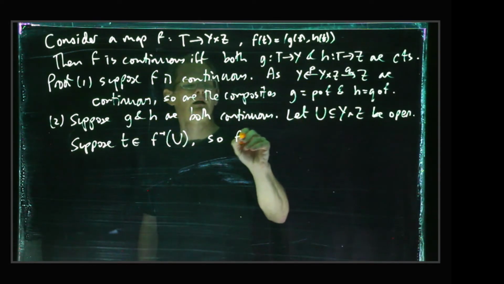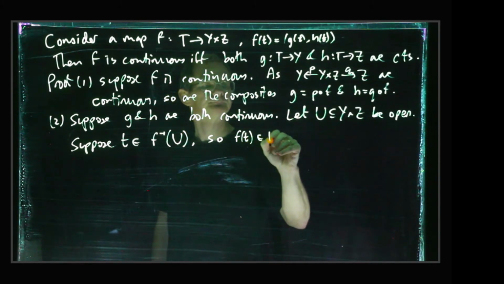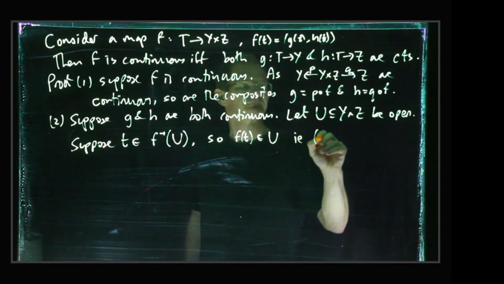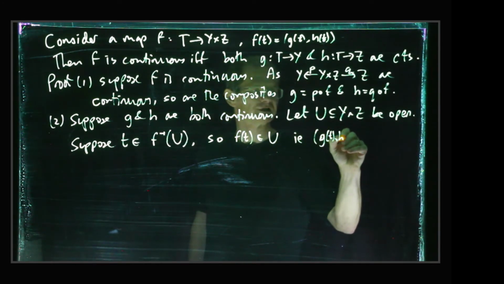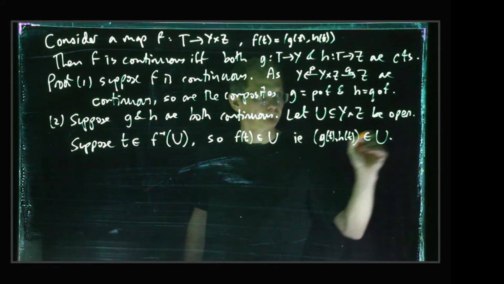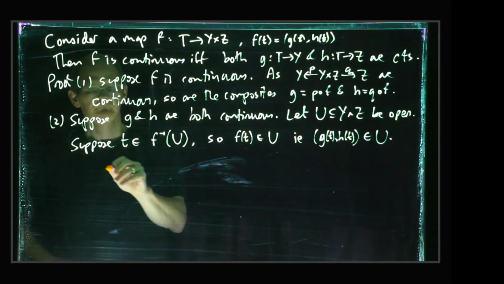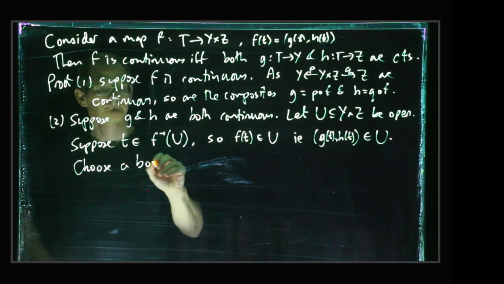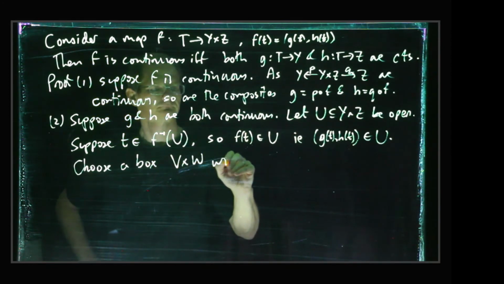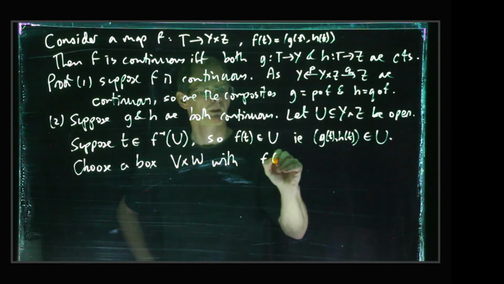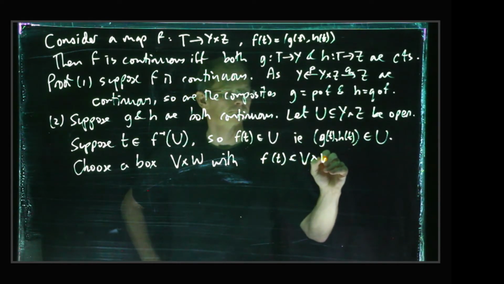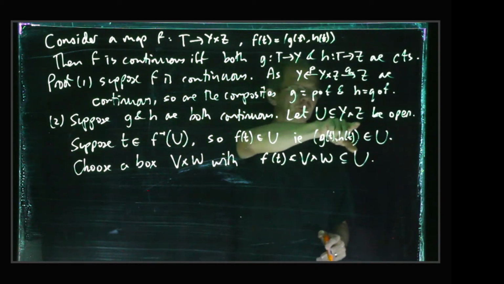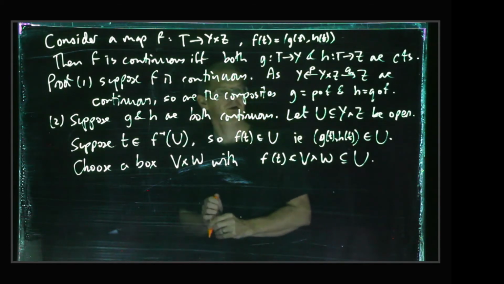That means F of t lies in U, and remember that's the same as the pair G(t), H(t) lying in U. This U is a subset of Y cross Z, and we're saying it's open, in other words, it's open in the product topology.